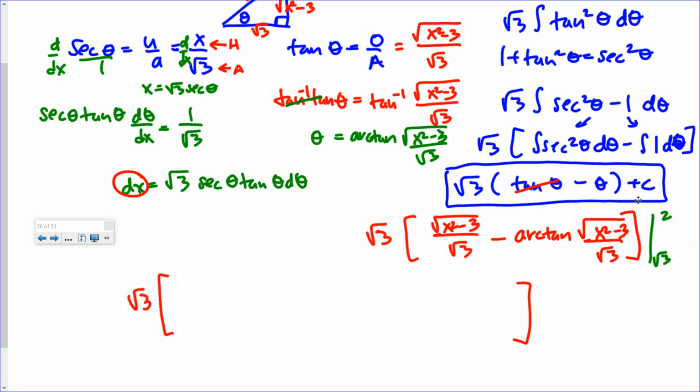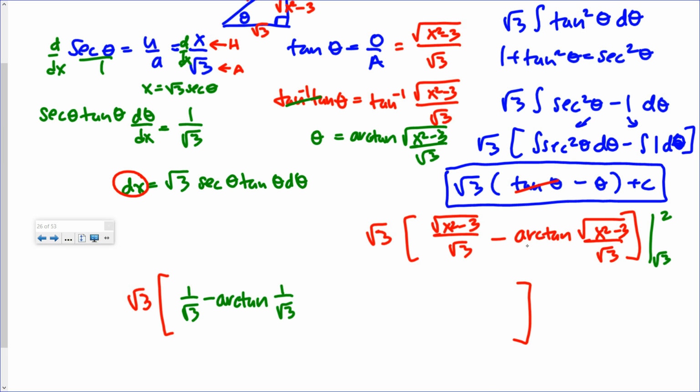If I plug in 2, that's 4 minus 3, which is 1. The square root of 1 is 1. So what I get is arctangent of 1 over the square root of 3 when I plug in 2 for x, because 2 squared is 4, 4 minus 3 is 1, square root of 1 is 1.